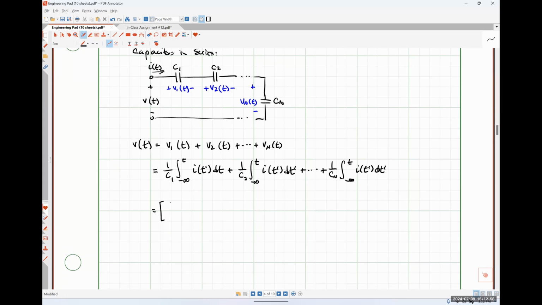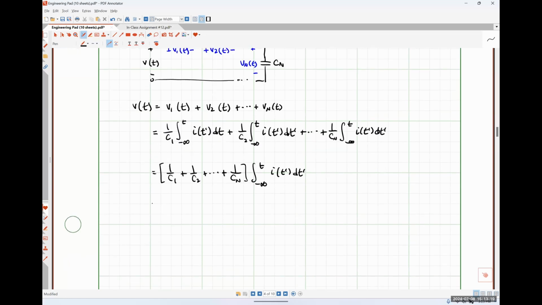So we would have 1 over C1 plus 1 over C2 all the way out to 1 over C sub n times the integral from negative infinity to t of I of t prime dt prime, or, excuse me, 1 over CEQ times the integral from negative infinity to t of I of t prime dt prime.